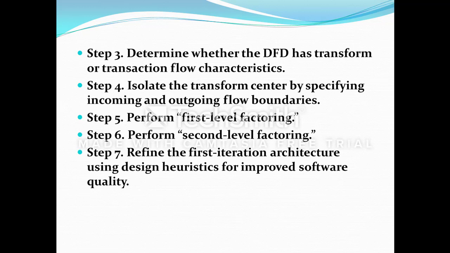Next, seventh step: refine the first iteration architecture using design heuristics for improved software quality. Components are explored and refined to produce sensible factoring, separation of concerns, good cohesion, minimal coupling, and most important, a structure that can be implemented without difficulty, tested without confusion, and maintained without trouble. Why are we performing this many steps in the mapping technique?